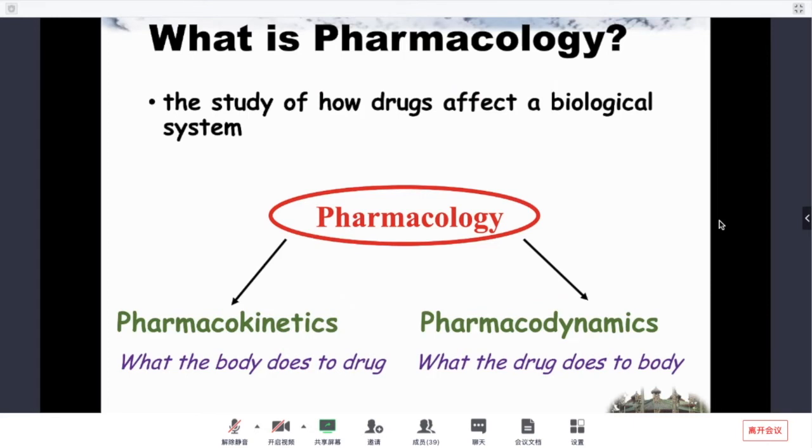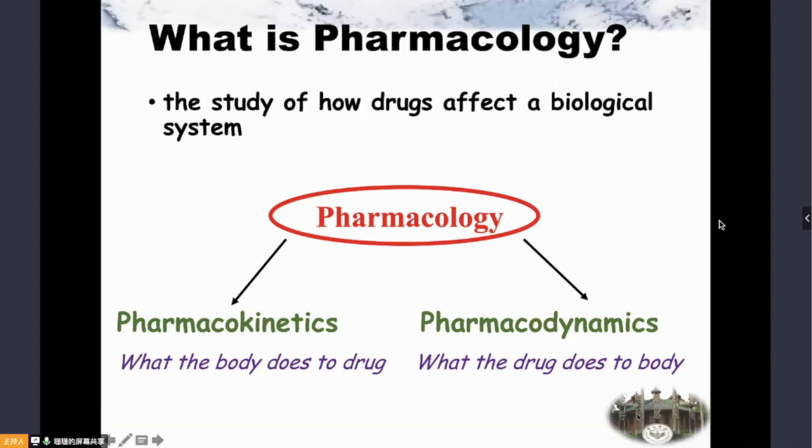So what is pharmacology? Pharmacology was born in the middle of the 19th century. It is the subject that studies how drugs affect the biological system. There are two main areas of pharmacology, pharmacokinetics and pharmacodynamics. PK, pharmacokinetics, mainly focuses on what the body does to the drug.